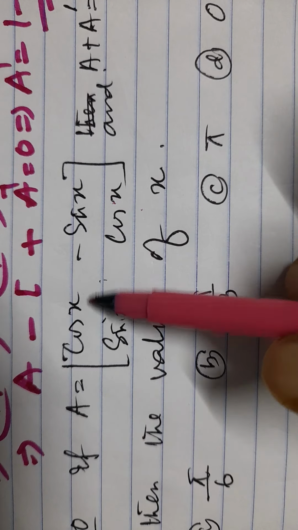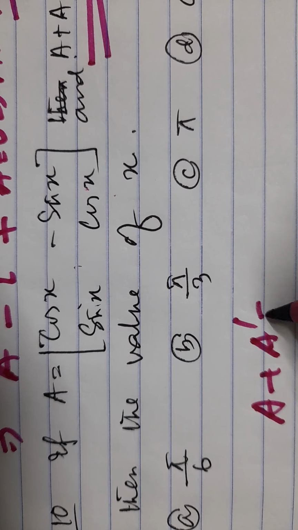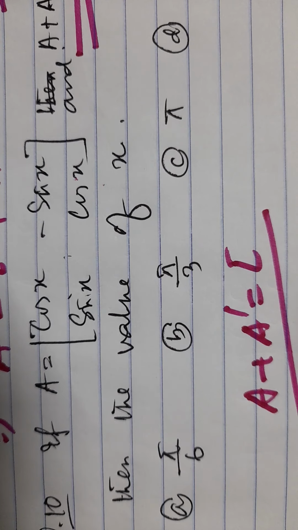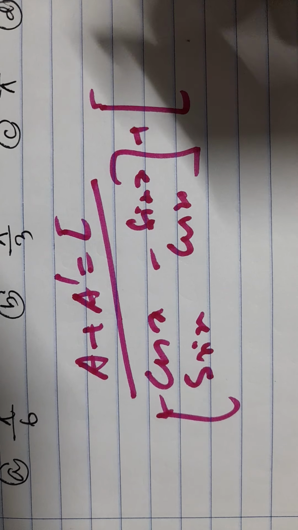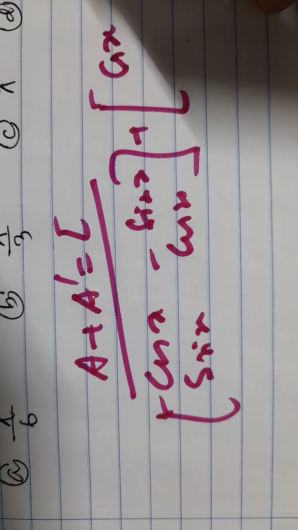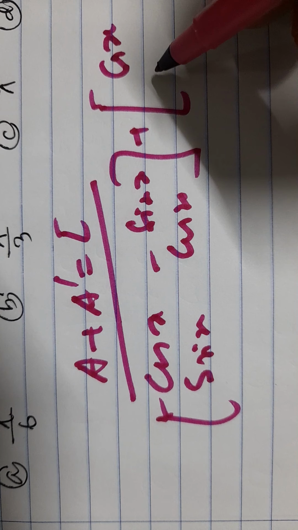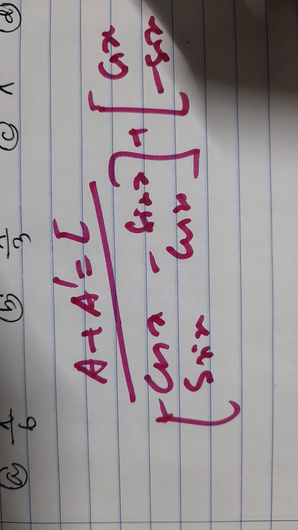Next, A is equal to cos x, minus sin x, sin x, cos x, and A plus A transpose is equal to I. What is the value of x? A is cos x, minus sin x, sin x, cos x, and its transpose, where rows and columns are interchanged, gives cos x, sin x, minus sin x, cos x.